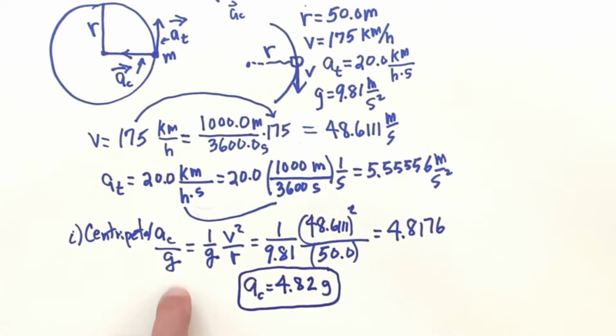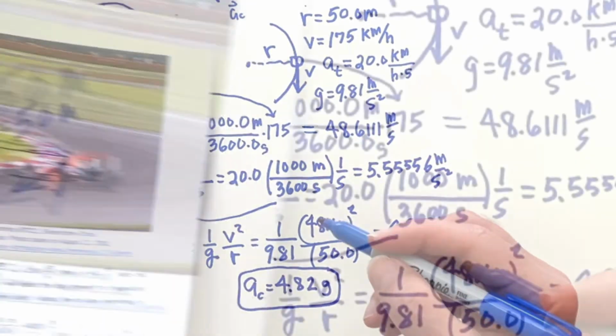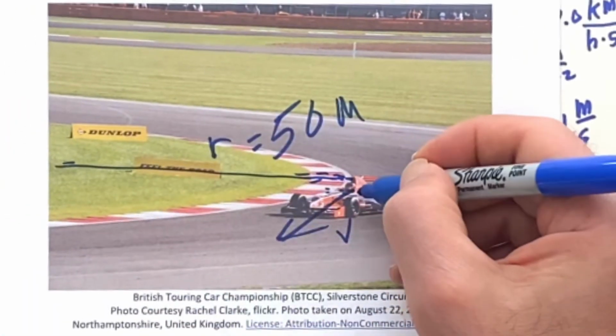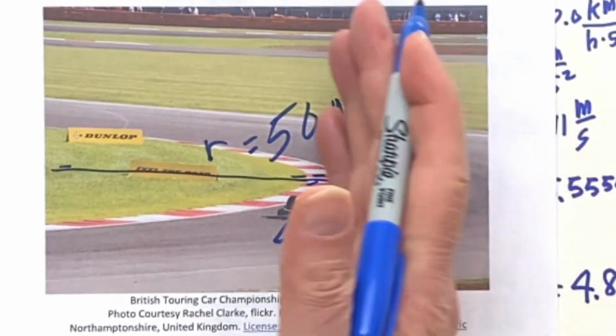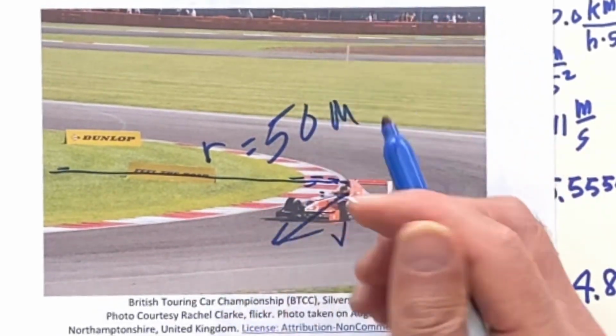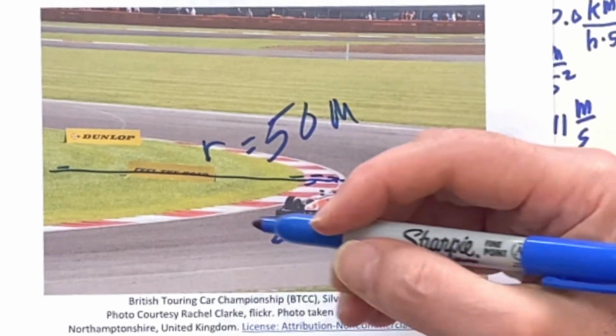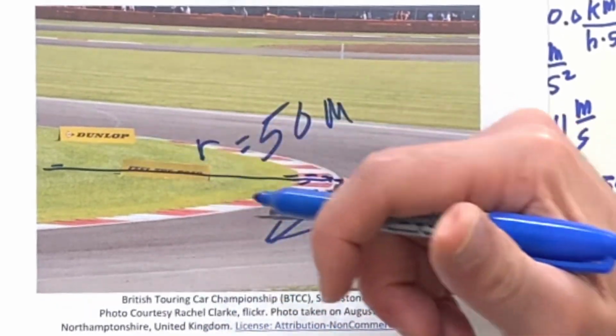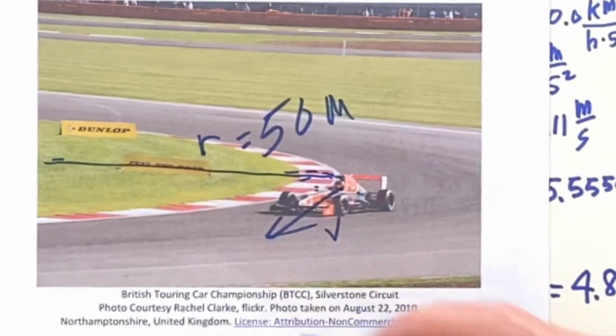So that's a lot, see? And here we know that's toward the center, like this door will push on the rider. You feel like you're pressed up against the door. The door is pushing you in toward the center.